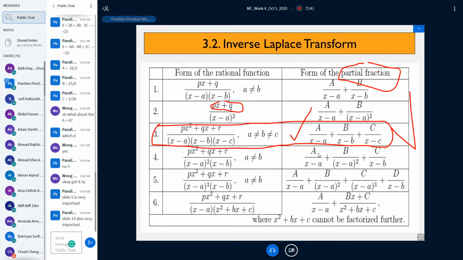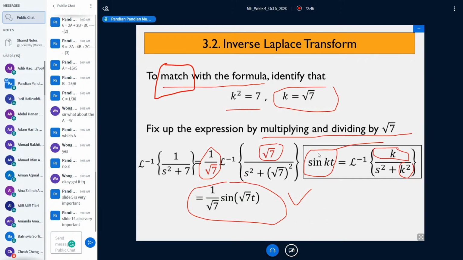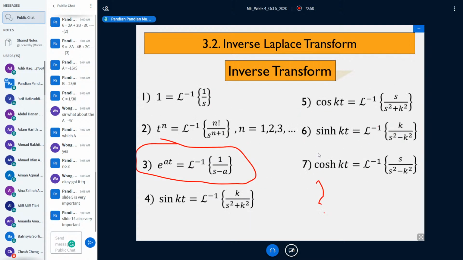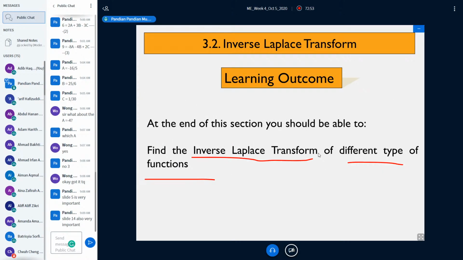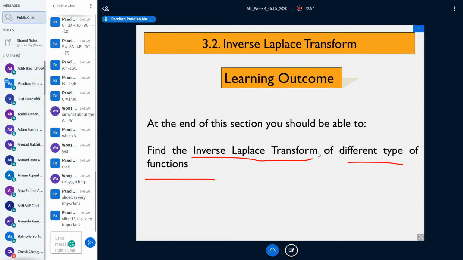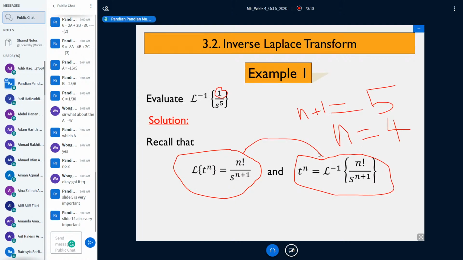3.2. So if you look at this 3.2, all is about inverse Laplace. We have a simple one in the beginning. So you can see this is a very simple one. This table is very basic, but the problem cannot be as simple as this. This is just a formula guide, but the problem will be very complicated.